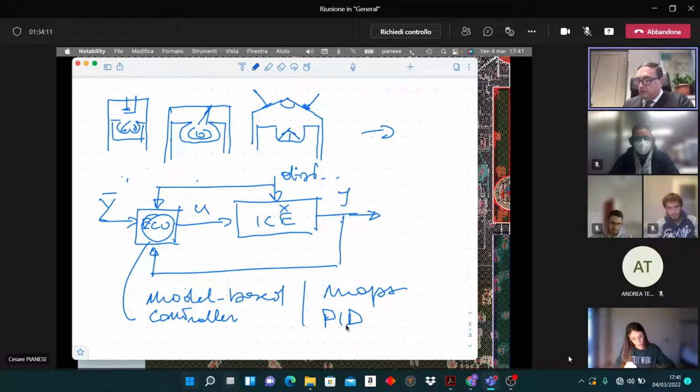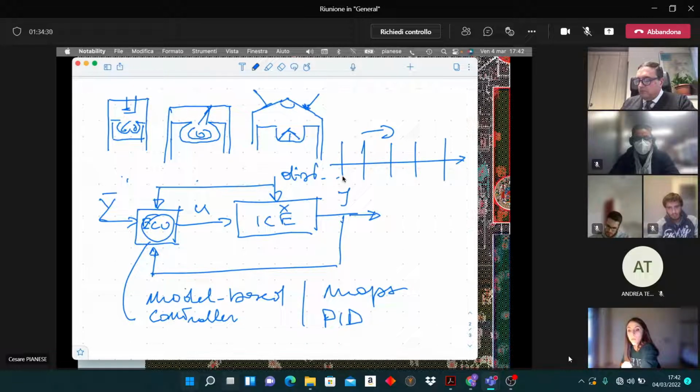The main problem is your electronic control unit. Suppose in time you have 1 revolution, 2 revolutions, 3 revolutions, 4 revolutions, n revolutions.